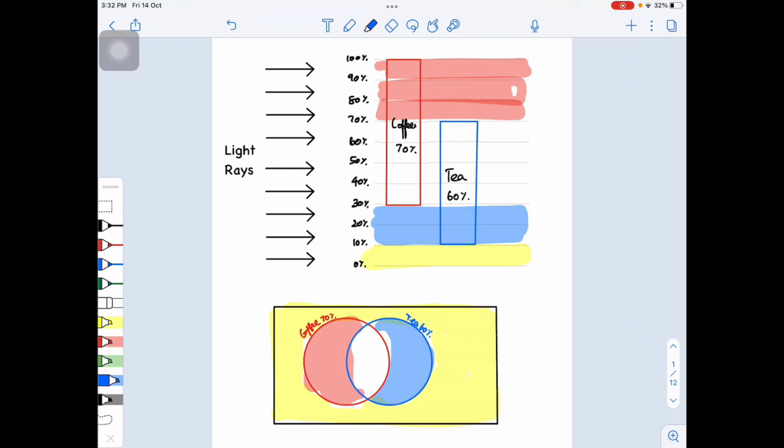And what happens to people belonging to this both region? They drink both tea and coffee. Similarly, light rays that are in this particular region go through both the red color filter and the blue color filter. So basically, every region in this Venn diagram corresponds to one particular region in the light and filter method.